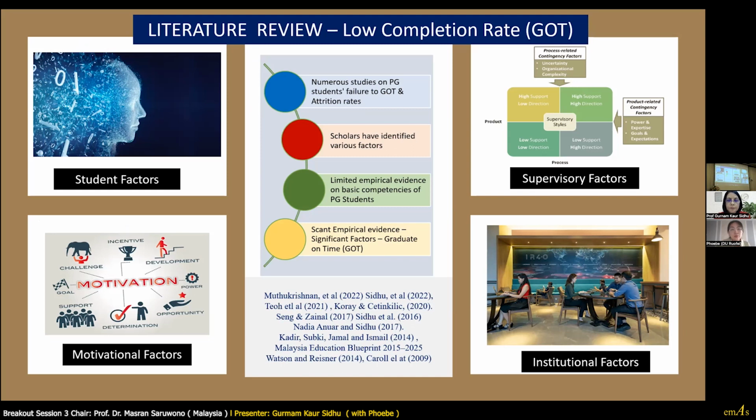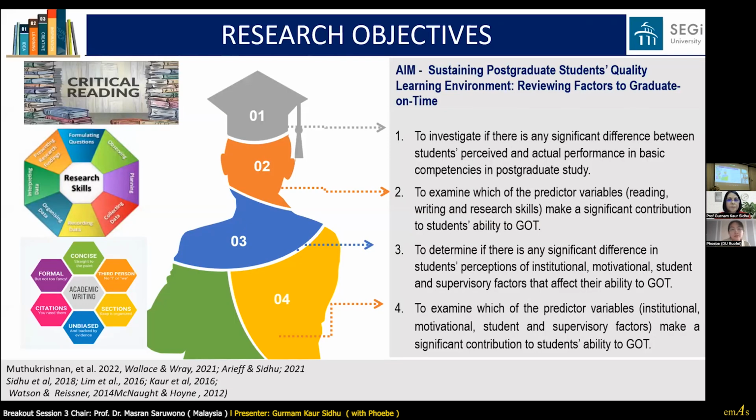To date, there is, however, little evidence presented in the literature regarding learners' basic competencies and significant factors that affect their ability to achieve academic success. Therefore, the aim of this study was to investigate significant factors that influence postgraduate students' ability to graduate on time. The first objective was to examine differences between students' perceived and actual performance in basic postgraduate competencies.